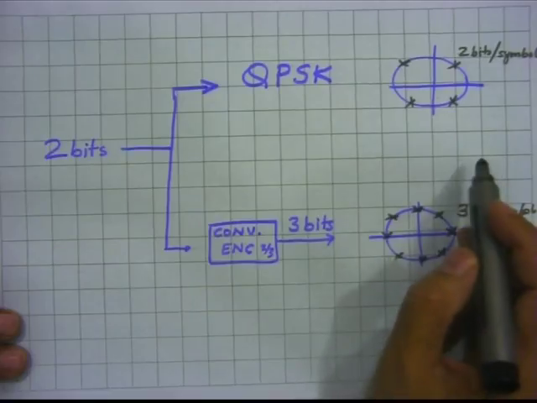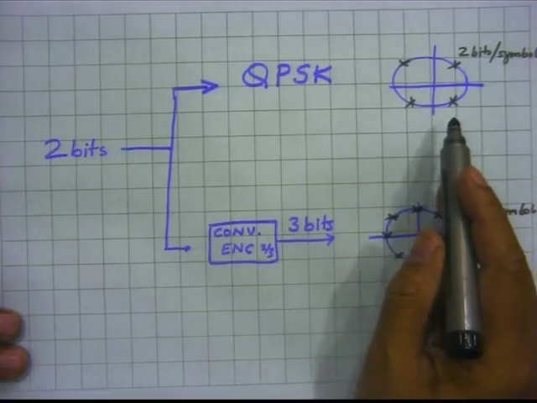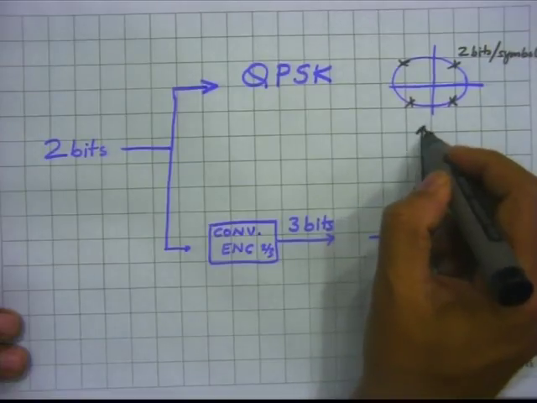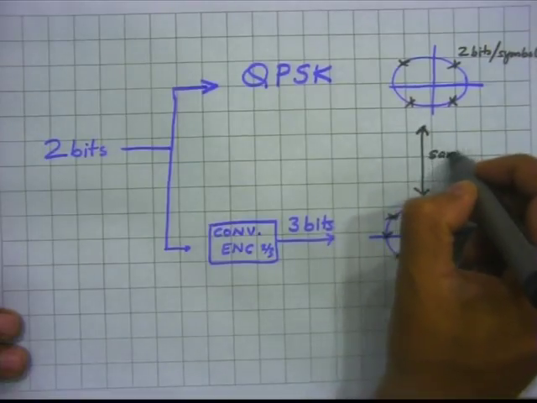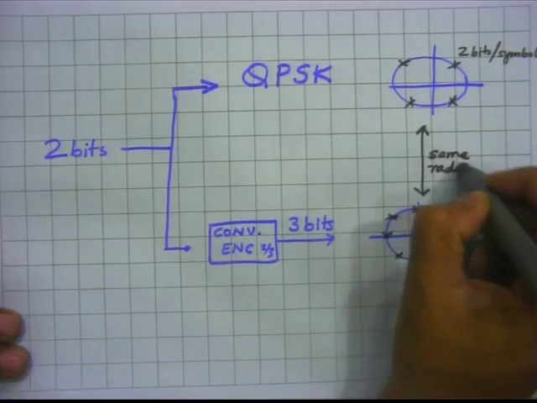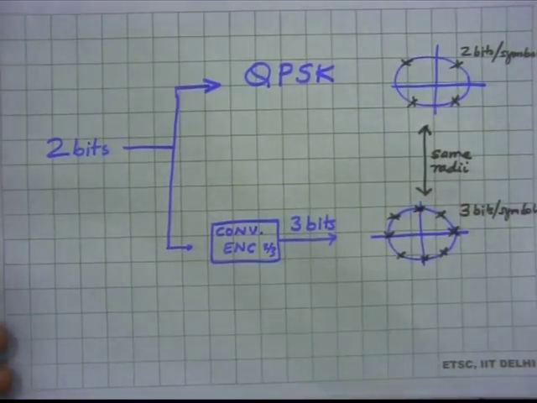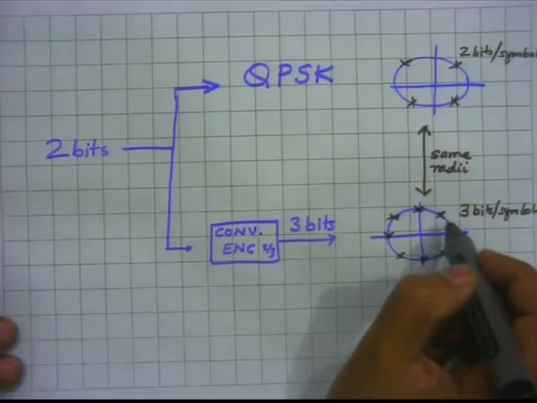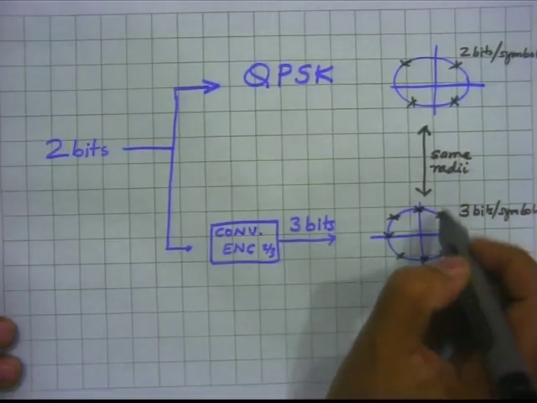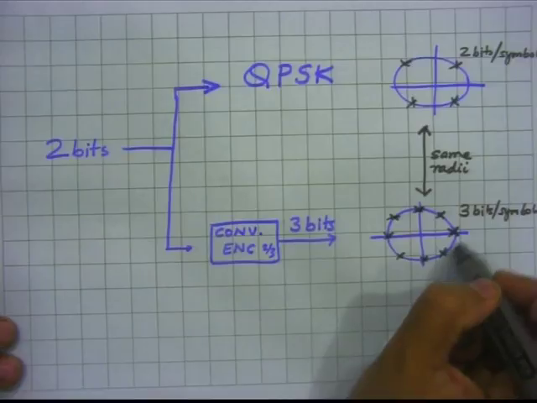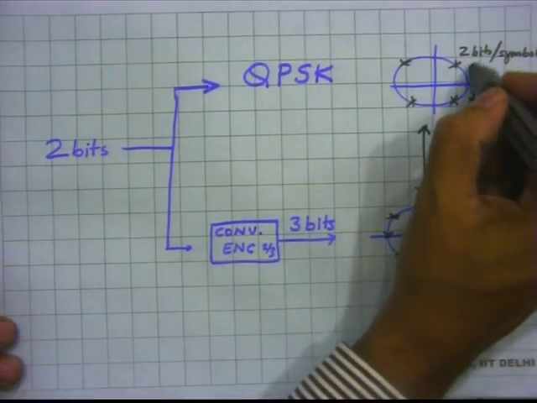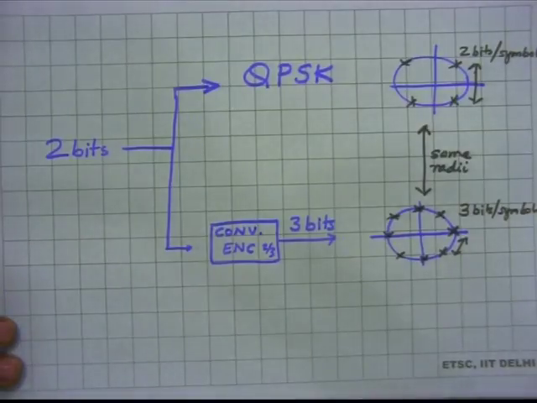So, we do not want additional power. So, the radii are the same. So, the same radii implies that this circle has these symbols closer together. So, the Euclidean distance goes down.